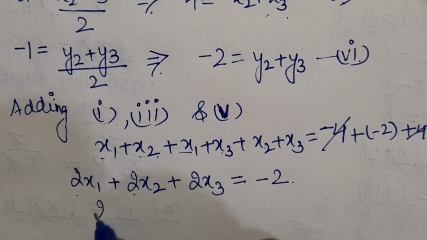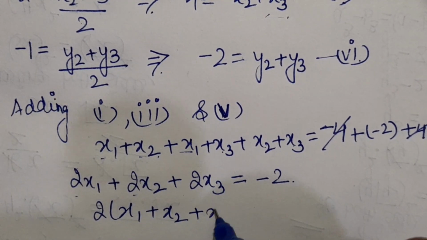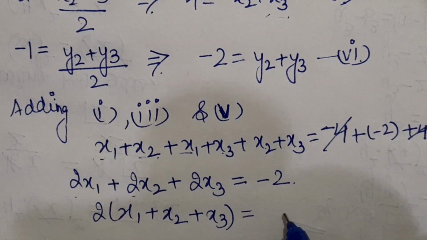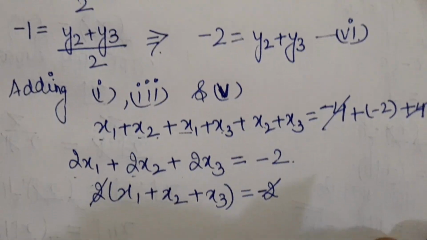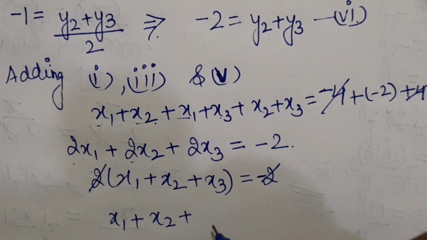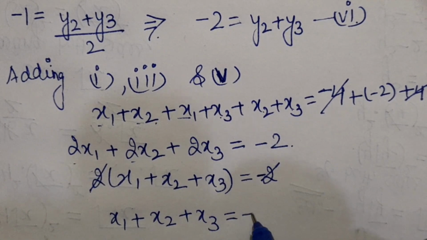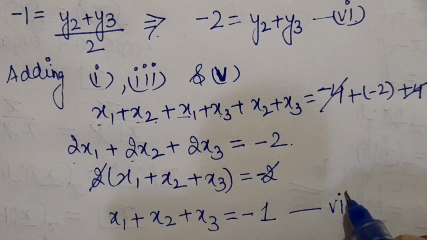Taking 2 common and cancelling, we get x1 plus x2 plus x3 equals -1. Name this equation number 7.